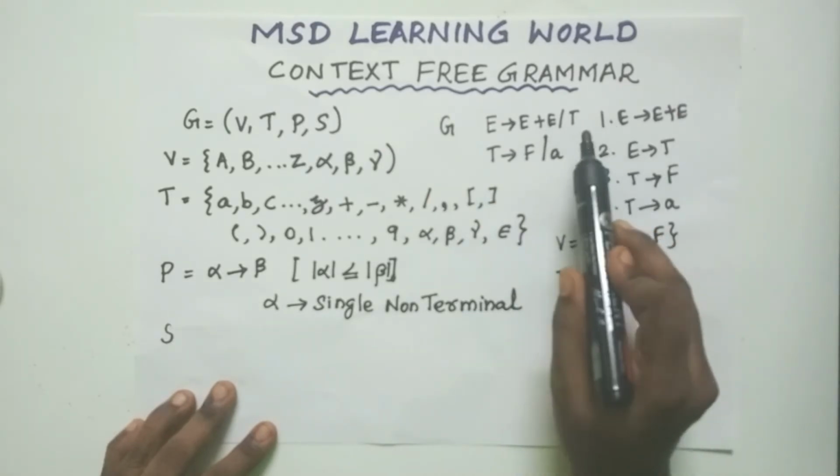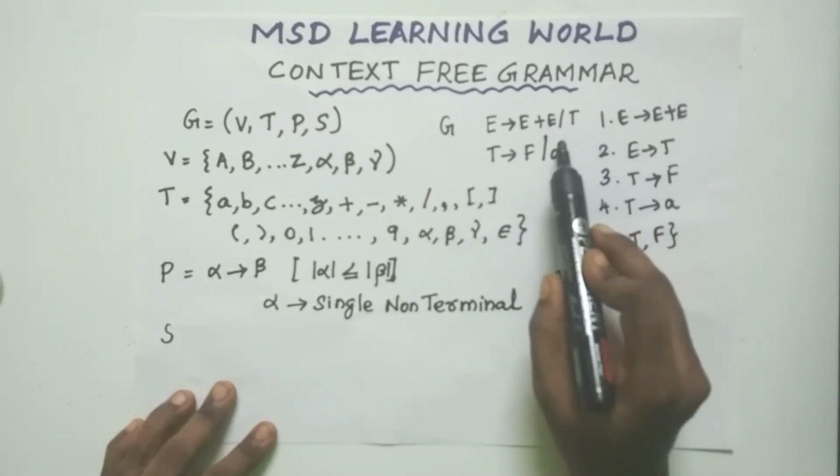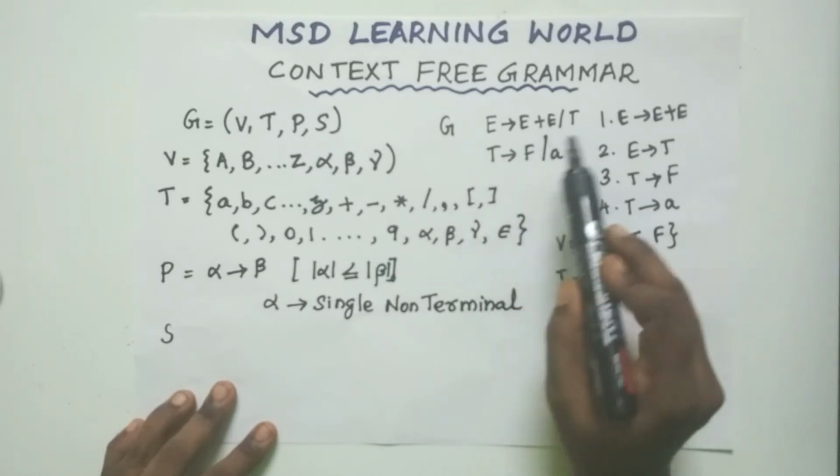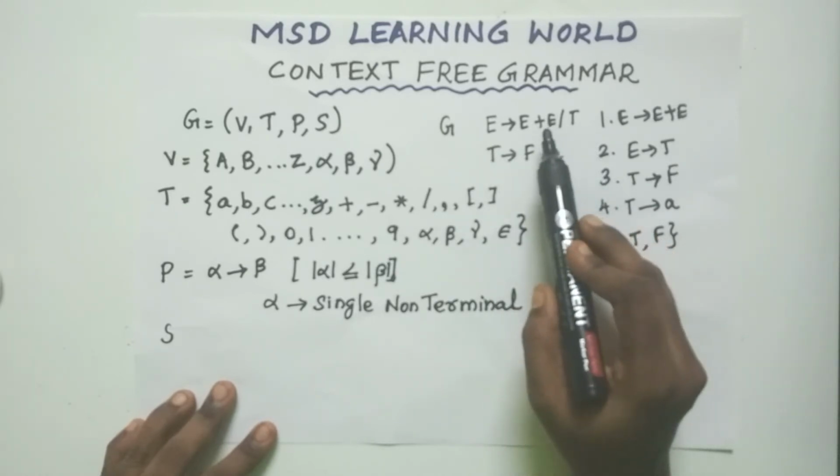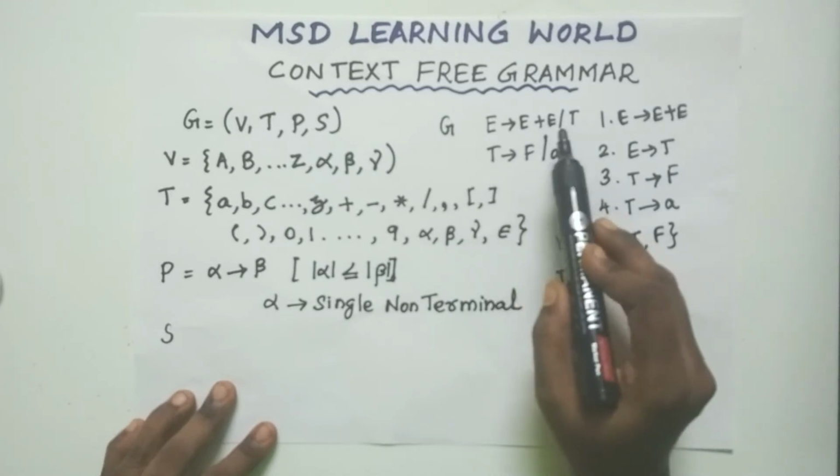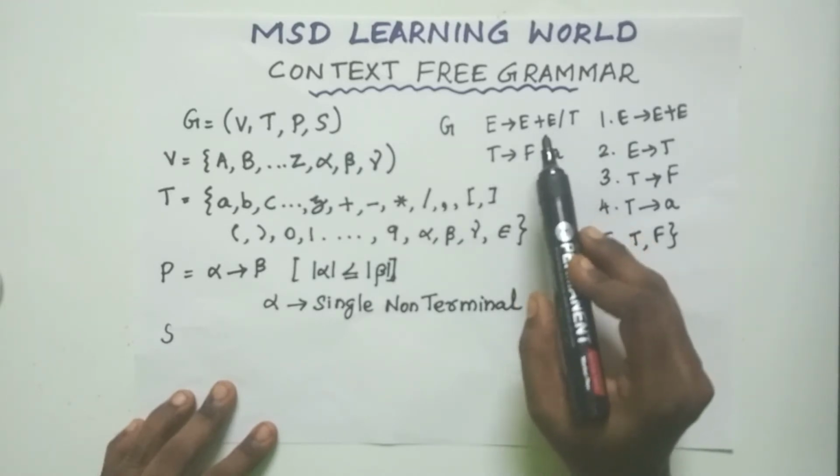So terminals can only exist on the right hand side, which is the beta part of the production.